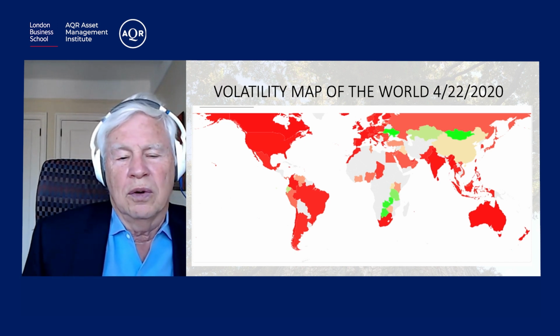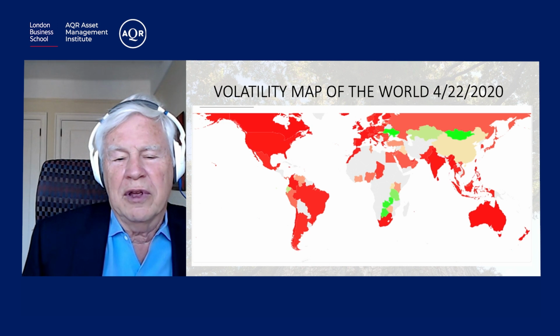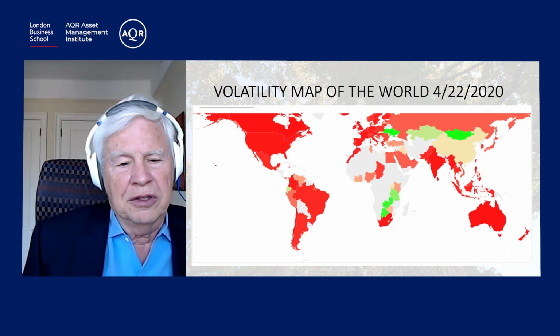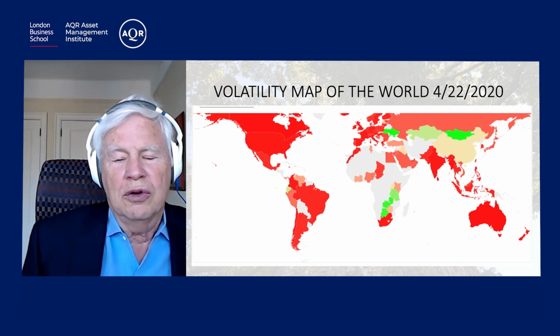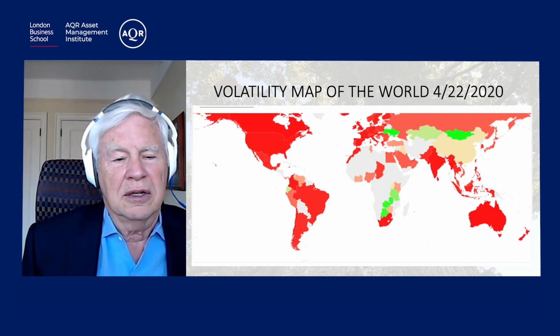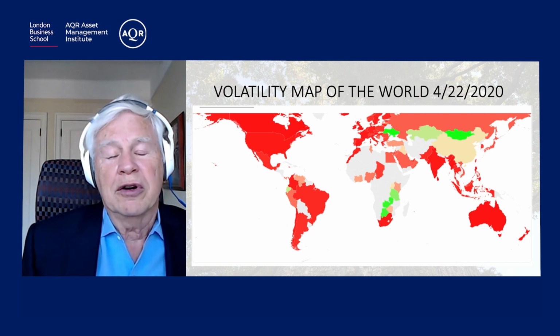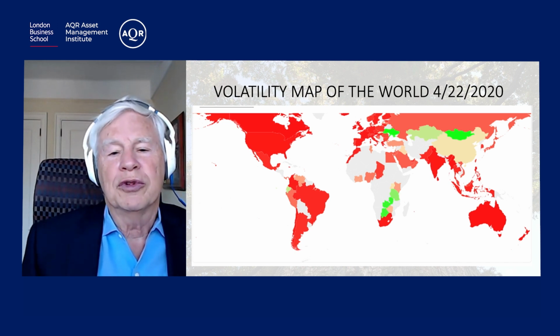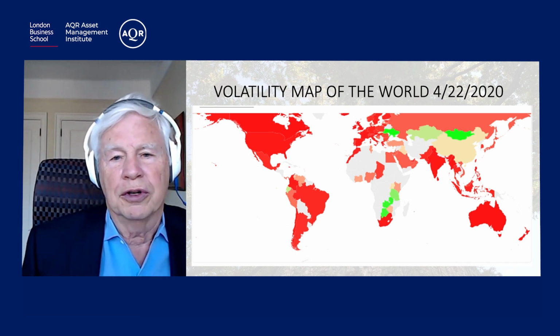And so one of the things that we're interested in from a risk point of view is when there are events that are so ubiquitous that they affect all countries and typically all asset classes at the same time. This is an enormous risk for a portfolio.